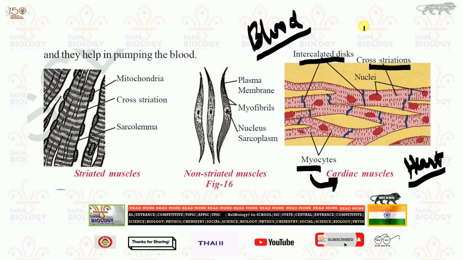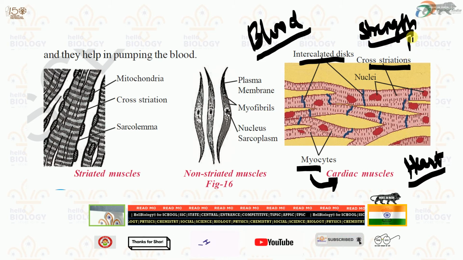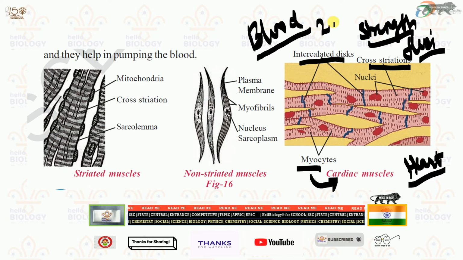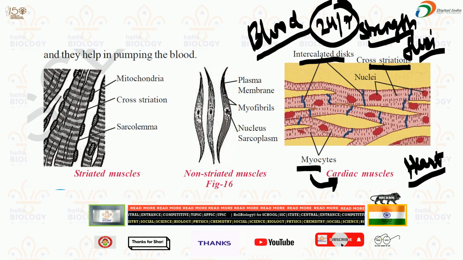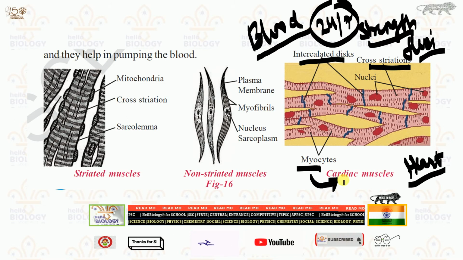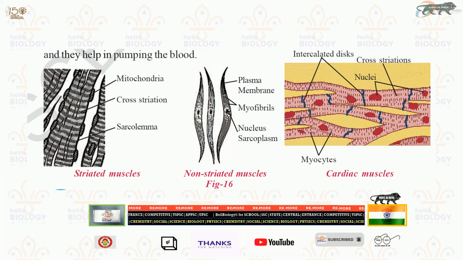These give strength and flexibility to the heart, which helps blood flow continuously from birth to the death of an organism. These tissues together are known as cardiac muscles, and they help in pumping blood.